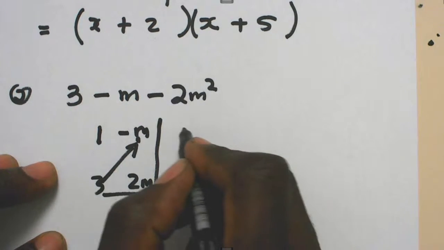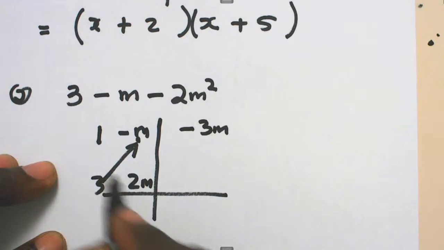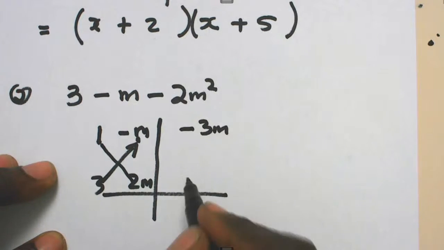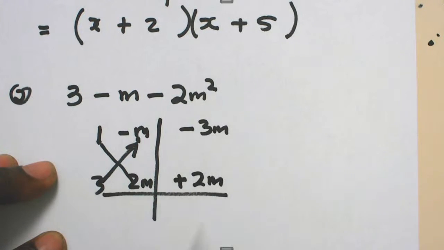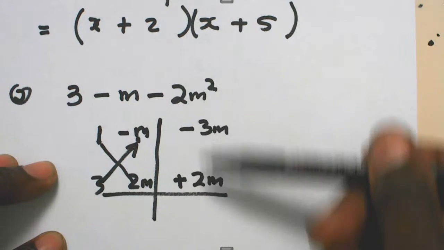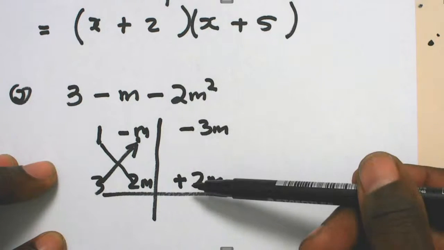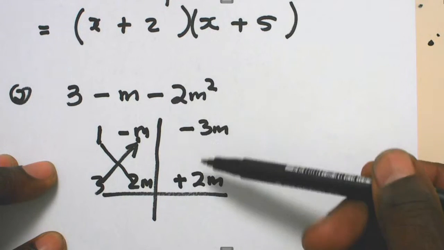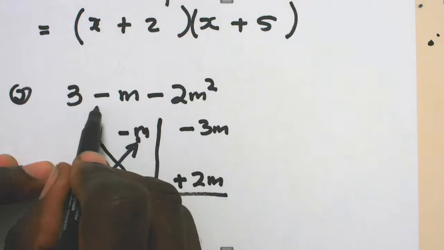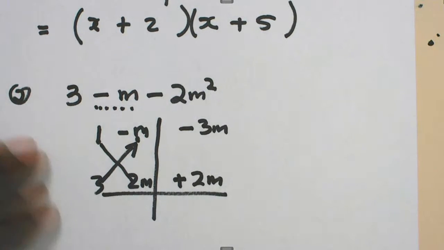It will be minus 3m. And when you multiply this, it will be plus 2m. When you add the 2, it's negative 3m and positive 2m. You can see the answer will be the negative m. That's where the middle term comes in.